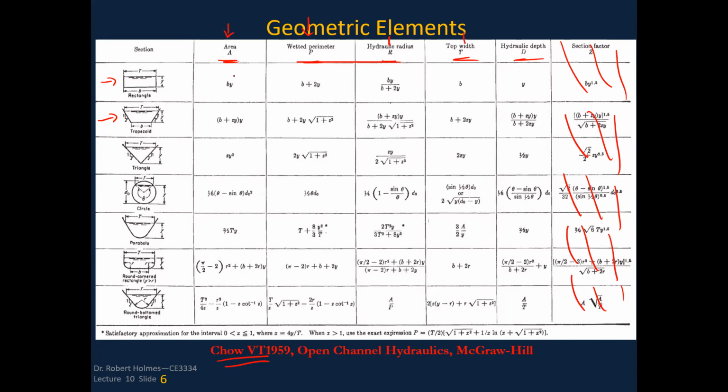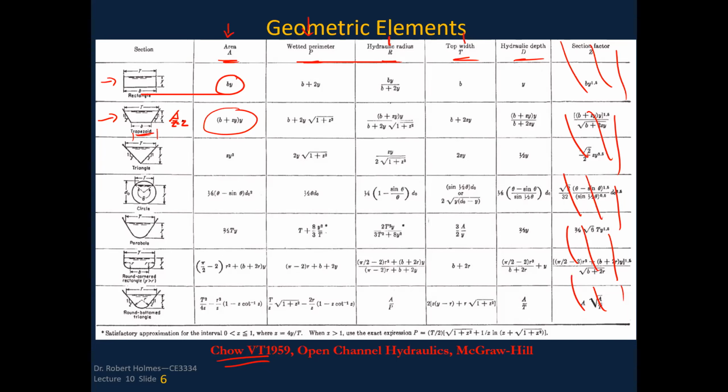But as you can see here, the area is the width, B, times the depth, Y, for a rectangle. For a trapezoid, it's the bottom width, that's the B, and the sides are the side slopes, Z. So if it has 2-to-1 side slopes that we talk about in geotechnical engineering or in river engineering, we're not talking about 2 on the rise to 1.